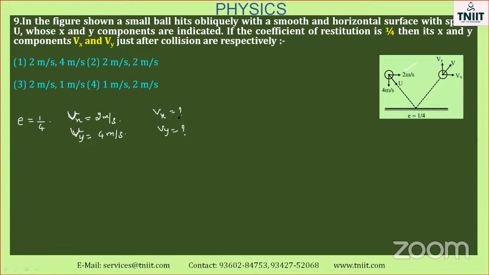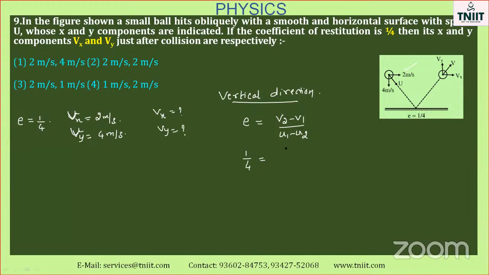Now what's the velocity in the vertical direction? First, let me talk about only the vertical direction. You know that the e value is V2 minus V1 divided by U1 minus U2. Correct, no? Coefficient of restitution is 1 by 4.